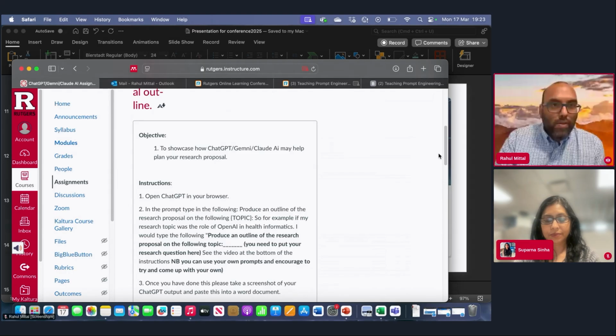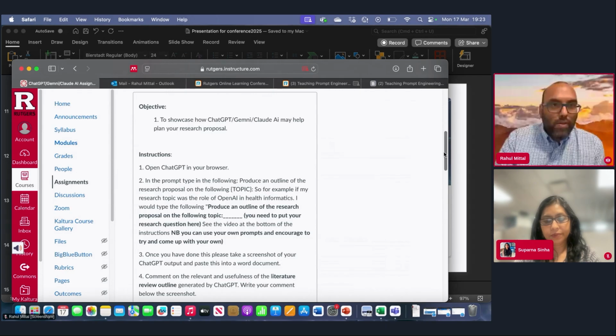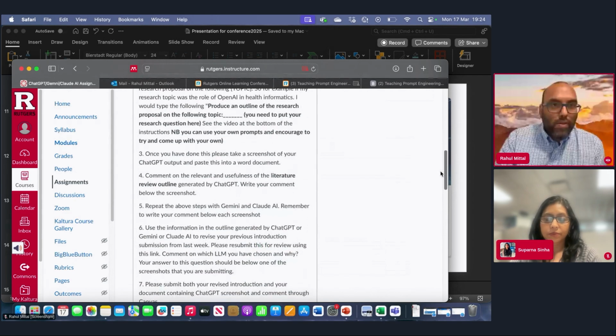But as I mentioned previously, part of the marks was they had to upload their outputs at all times. And there were also marks for stress testing each of the outputs. So it was almost like a learning diary journey throughout for the students.